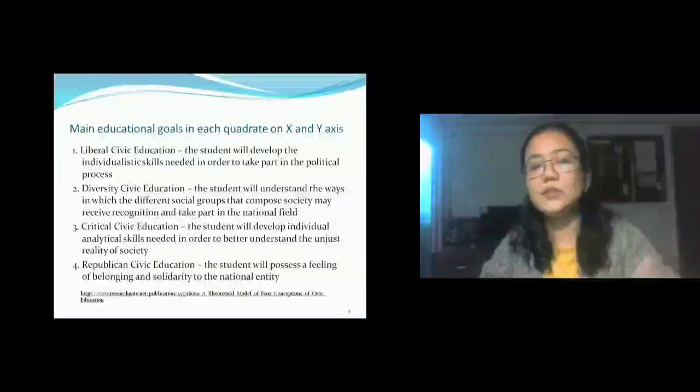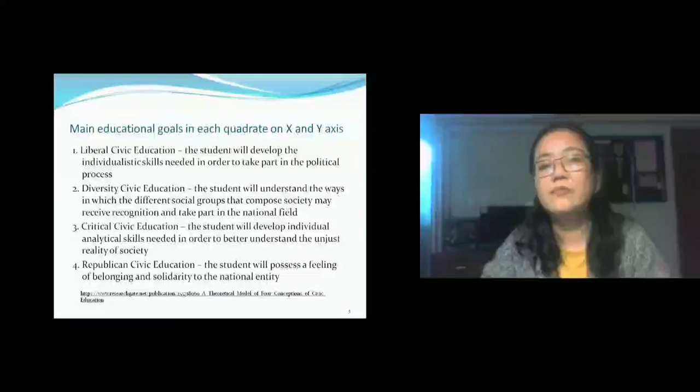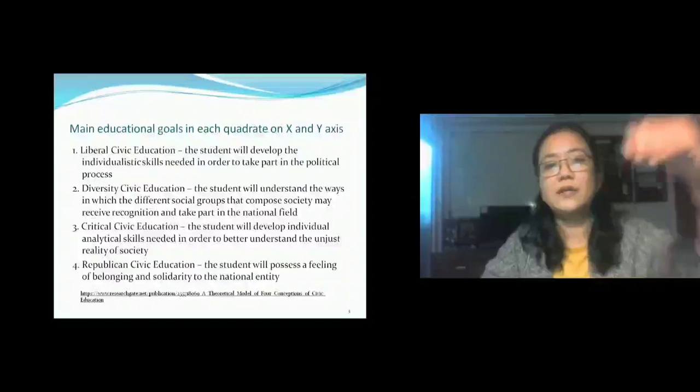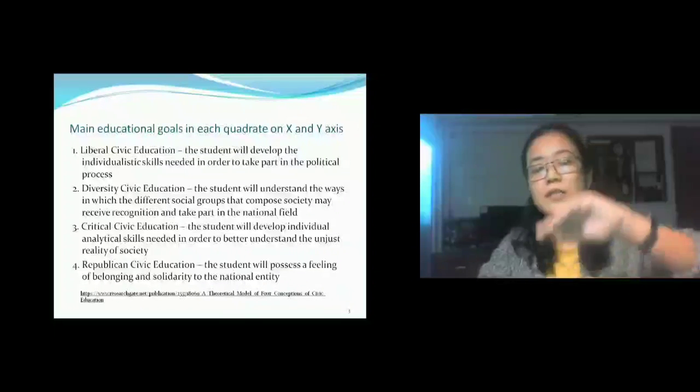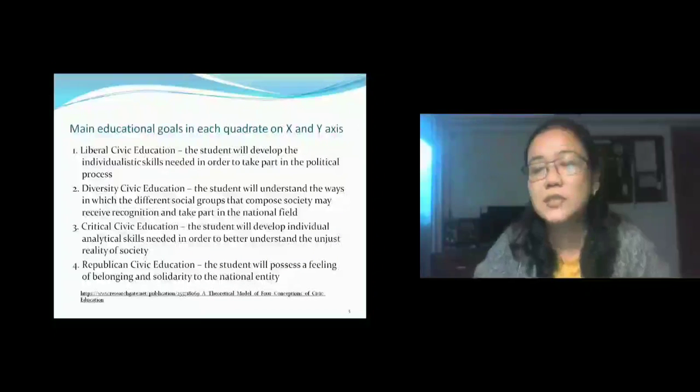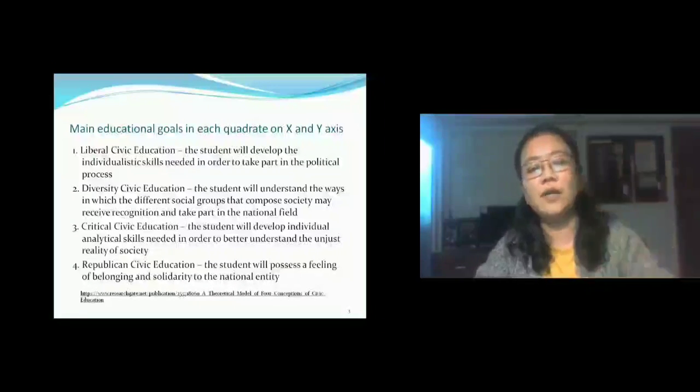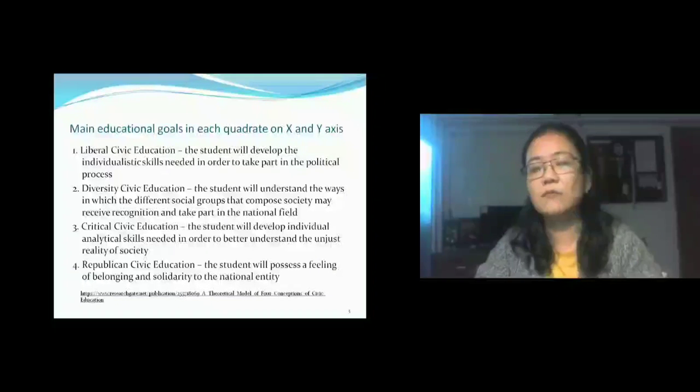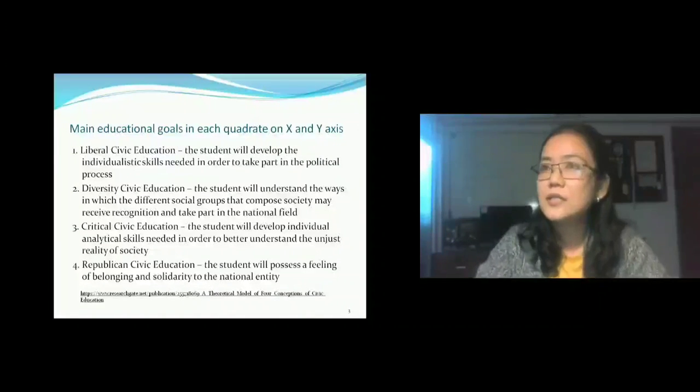I don't need to read out everything, but if you look at the two far ends, liberal is at the upper end, where students will develop individualistic skills. On the lower end of the Y axis is Republican civic education. In that process, the feeling of belonging to the community or society is important, and the value is on solidarity and national identity, or sometimes even nationalism.